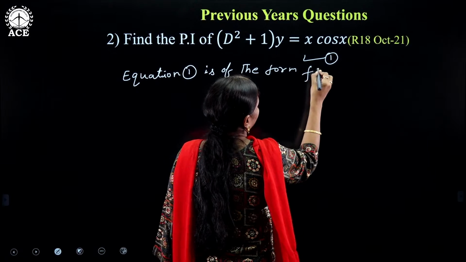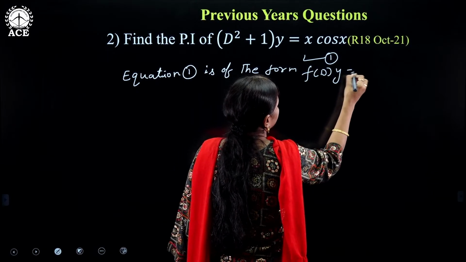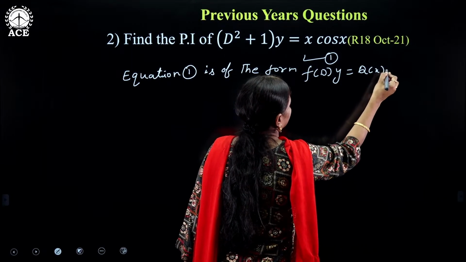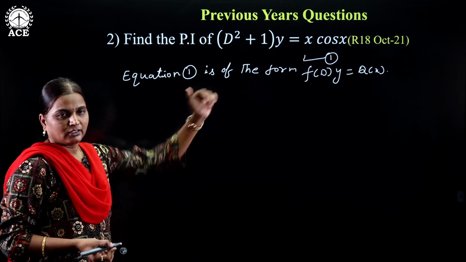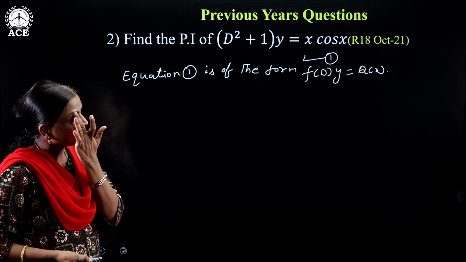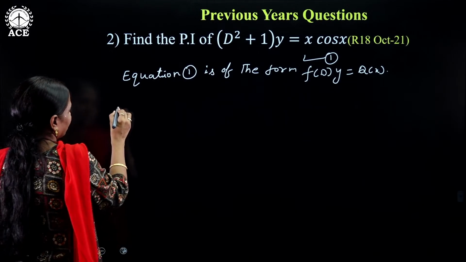Here standard form is f of D into y is equal to Q of x. Dear students, try to find the complementary function and post your answer in the chat box. What is f of D?